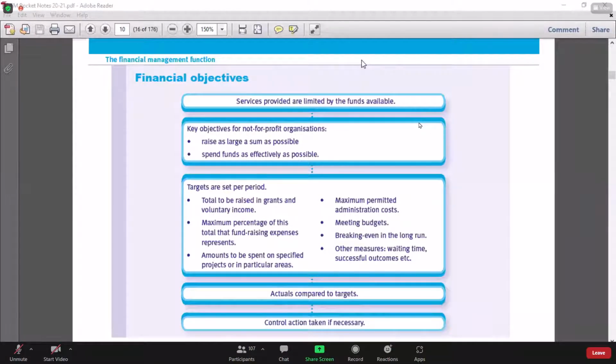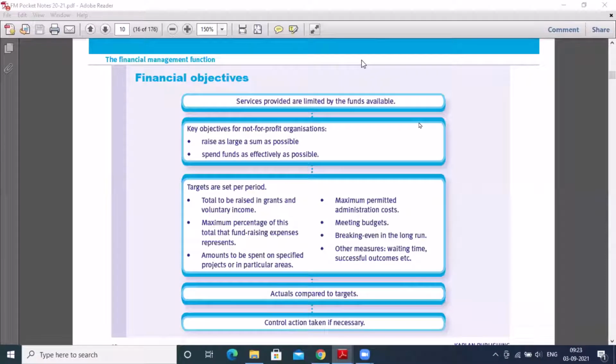Now the key objective for the not-for-profit organization is to raise as large a sum as possible. The first important thing is that here they are not getting any income from the beneficiaries, because most of the services are freely provided, but they need funds for their operations, right?